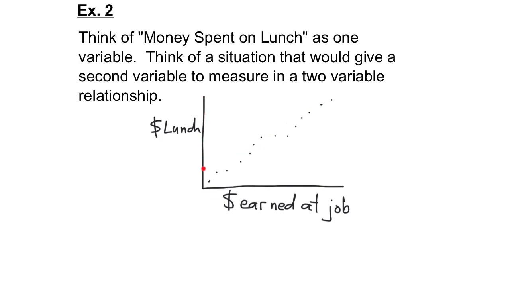So you might see a scatter plot that has a trend that looks something like this, where you see a positive relationship between the two. As one goes up, so does the other one. So try to think of another situation that you could compare amount of money spent on lunch with something else, and what would you expect the graph to look like?